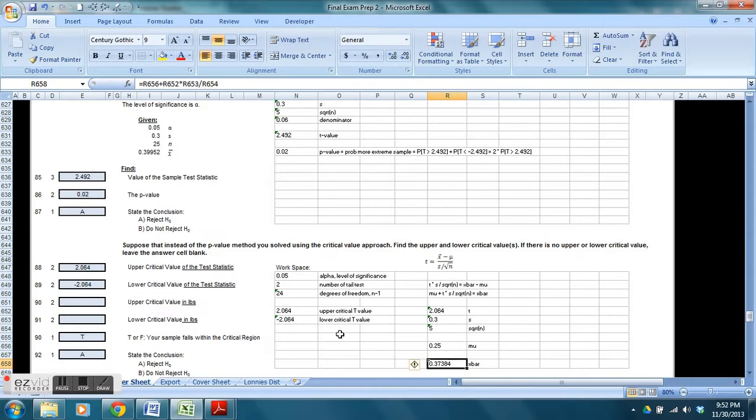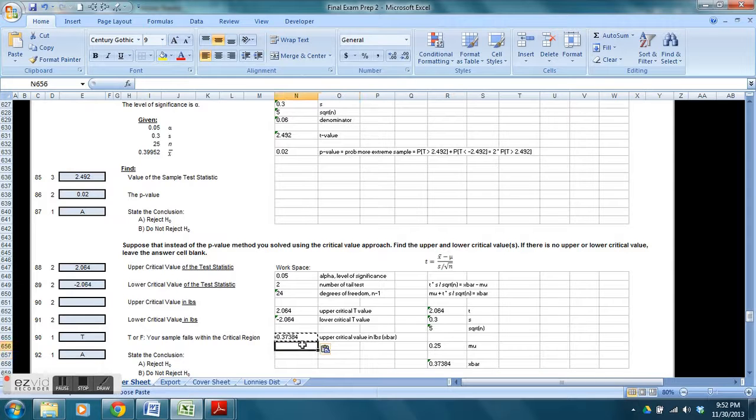So we have an upper critical value in x bar in terms of labels. That is equal to this value right here, and I'm going to paste values.